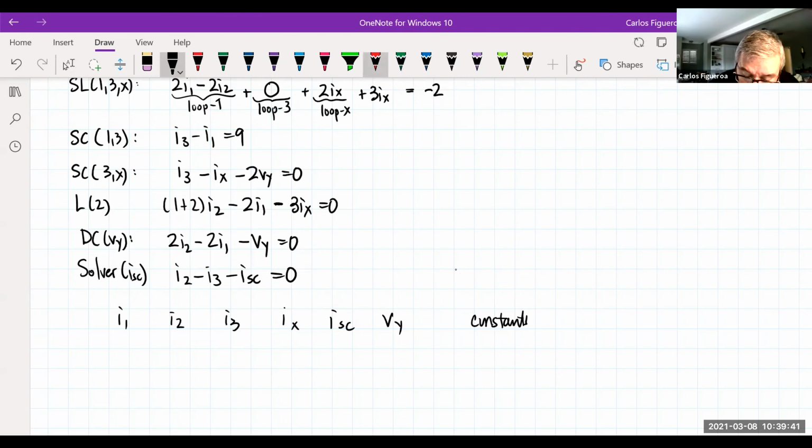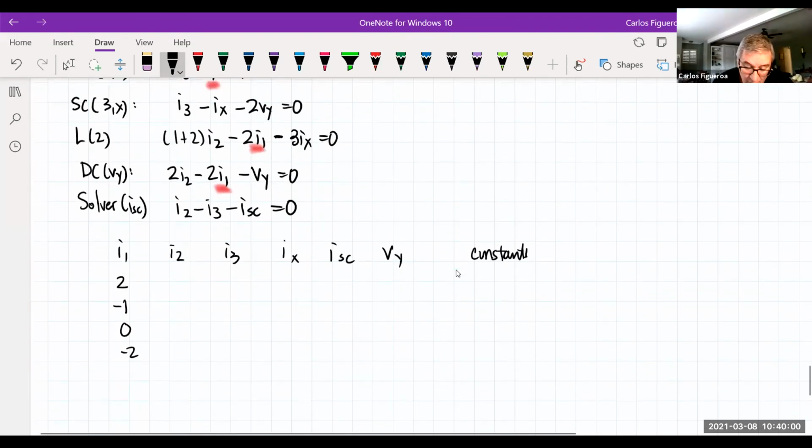So here I go. 1, 1, 1, 1. So then I start writing them in. I get 2, minus 1, 0, minus 2. Let me make sure I have minus 2, 0.